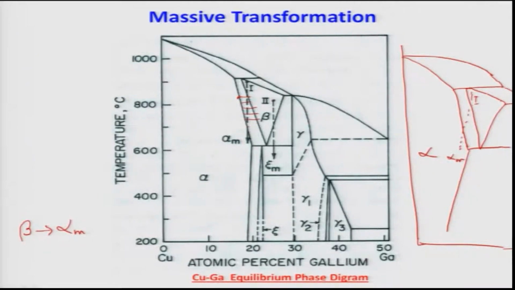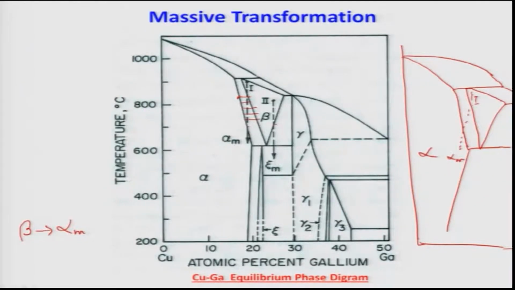As you cool it down slowly, beyond this point, this should transform into a two phase mixture of gamma plus beta. That means gamma will start forming out of beta, and slowly, below this line, they should transform to something else. So, basically it should have a mixture of gamma plus beta in this temperature range.